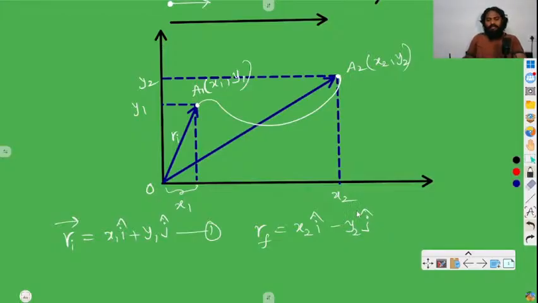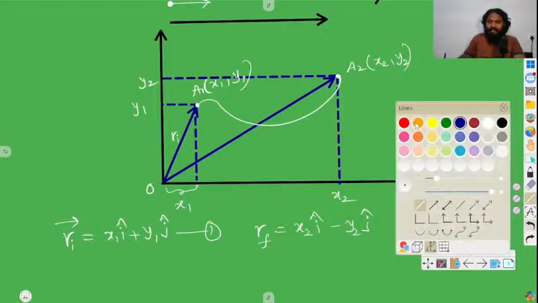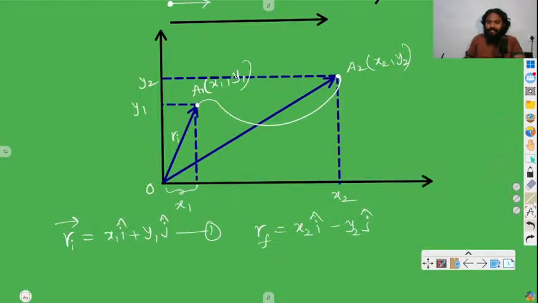From the definition we know very well the displacement is the shortest path from initial position to final position, right? So if you draw the shortest path, then this could be the shortest path. Let me have yellow color, since green won't appear.